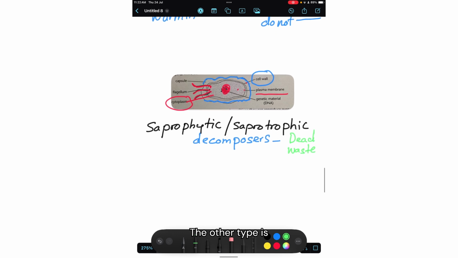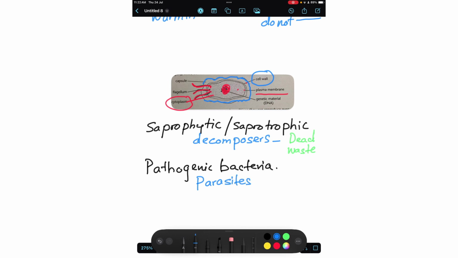The other type is pathogenic bacteria. They are parasites. They feed on a living host.